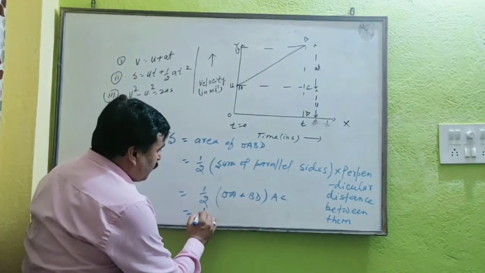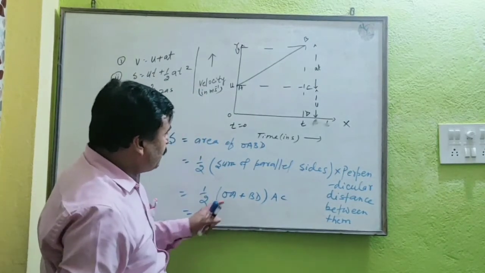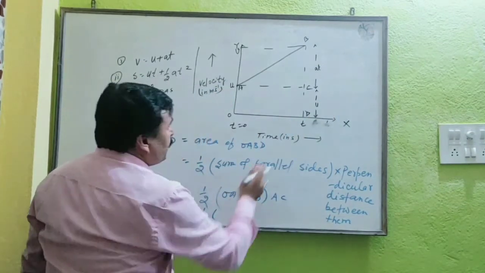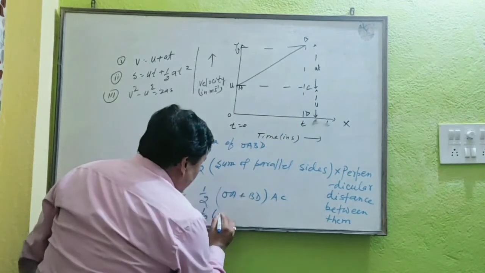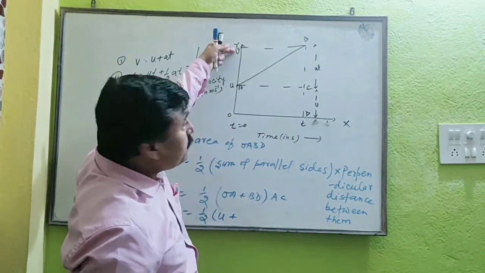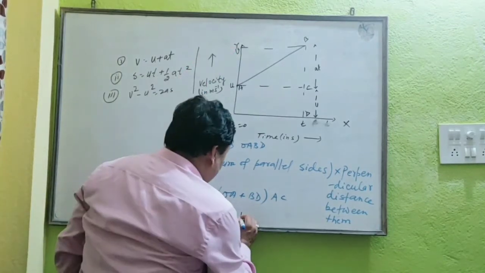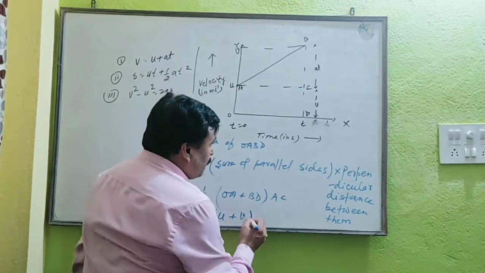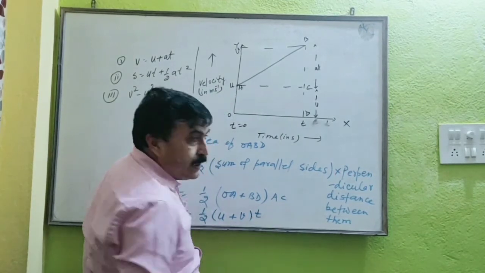Next, from the graph, OA represents the initial velocity u, plus BD represents the final velocity v, and AC represents time t.